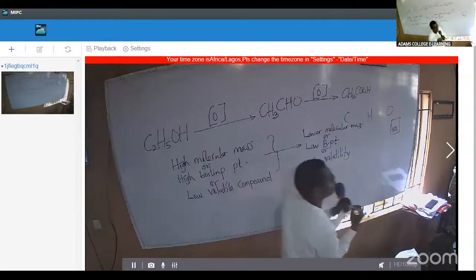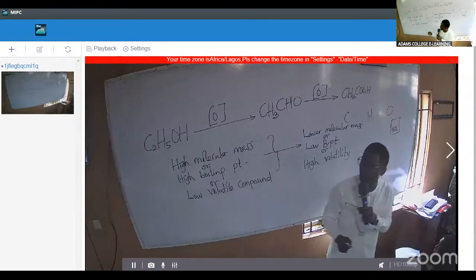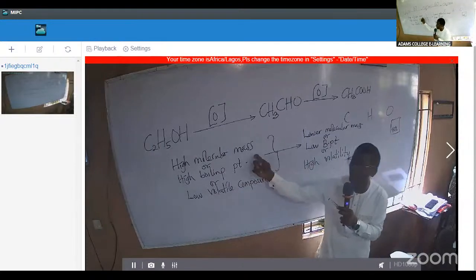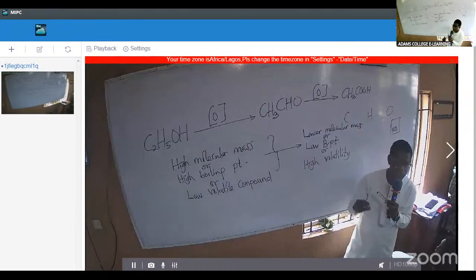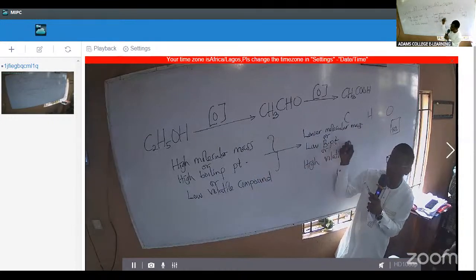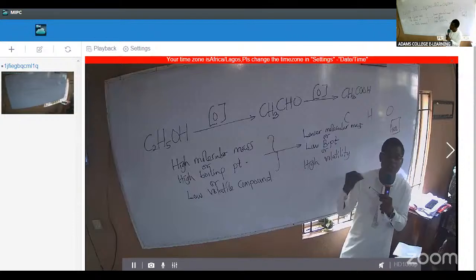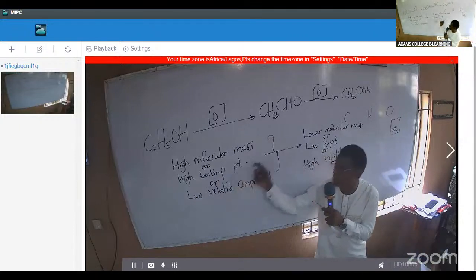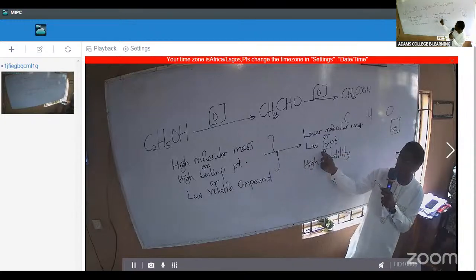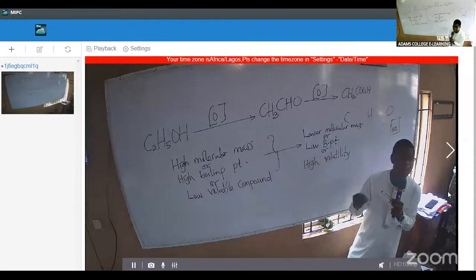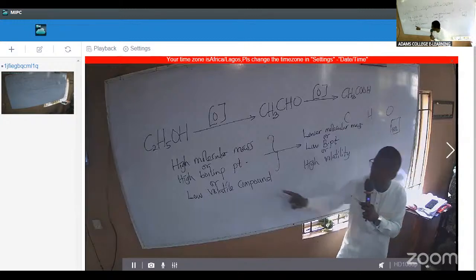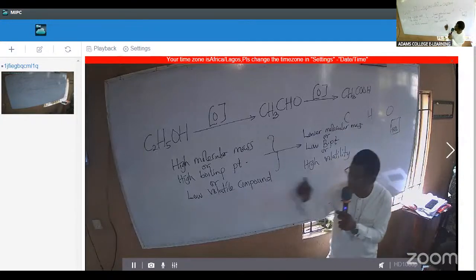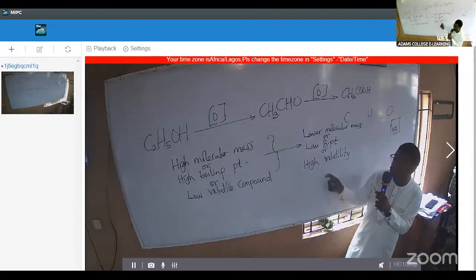When you say what is cracking, this can be defined as a process where petroleum fraction with higher molecular mass is converted to petroleum fraction of lower molecular mass. Or a process where petroleum fraction with high boiling point is converted to petroleum fraction with low boiling point. Or a process where petroleum fraction with low volatility is converted to petroleum fraction with high volatility.